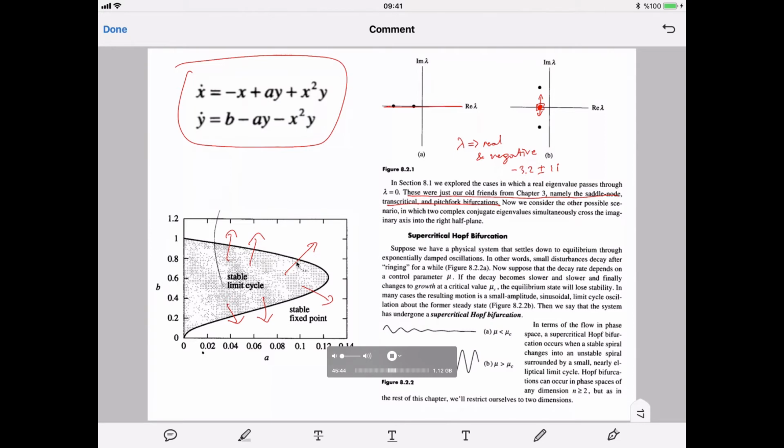What happens as you approach here? It becomes a fixed point. And how can a limit cycle become a fixed point? Shrinking down, right? So it will become a dot. Then if we go back from here, it will become again a limit cycle. Okay?